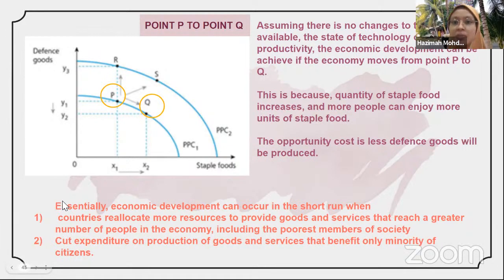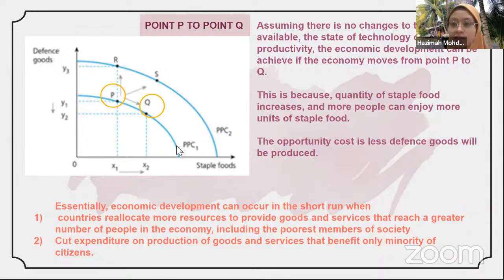So there is no economic growth because there is no change in resources available or state of technology or level of productivity, because PPC curve does not shift to the right. But there is economic development because the country reallocates more resources to provide goods and services that reach a greater number of people in the economy, including the poorest members of society.